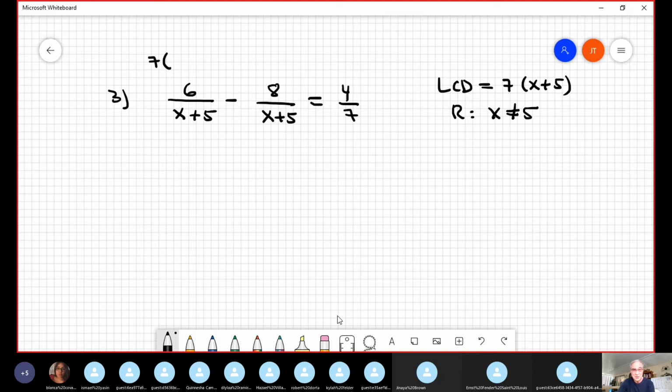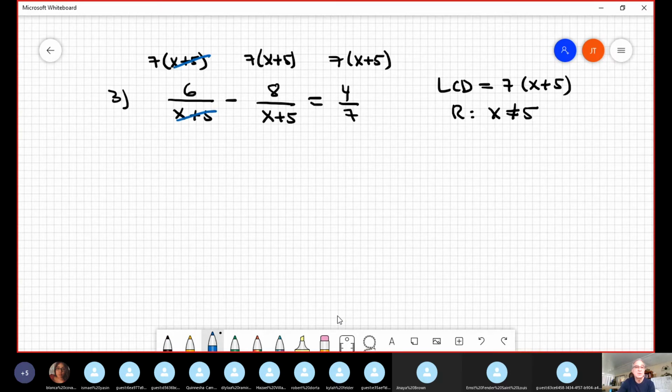When you have an equation that contains fractions, and you multiply the entire equation by the least common denominator, magically the fractions disappear.